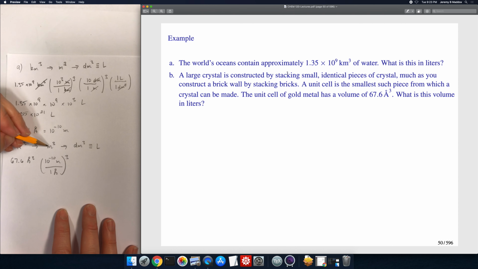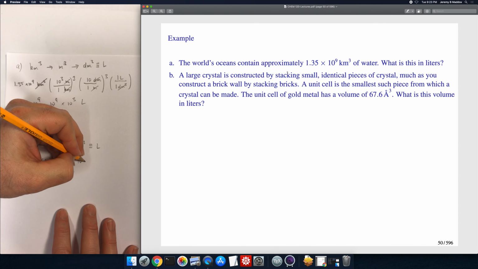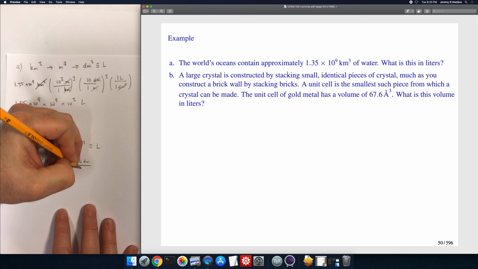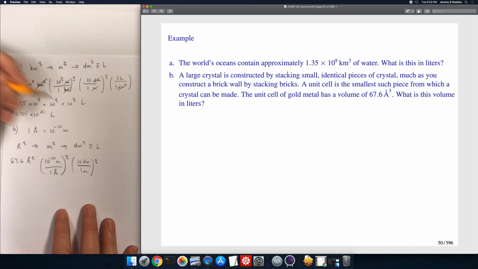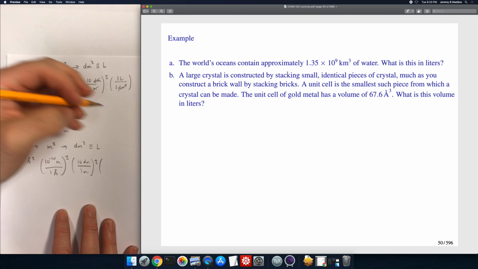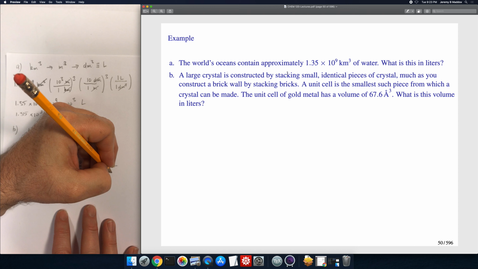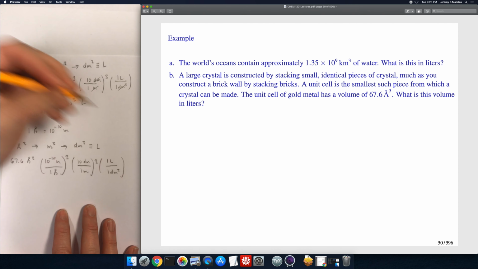So that's going to do this first conversion, and then we want to go from cubic meters to cubic decimeters. There are 10 decimeters for every 1 meter, and we need to cube that. And then the trivial conversion, 1 liter equals 1 cubic decimeter.